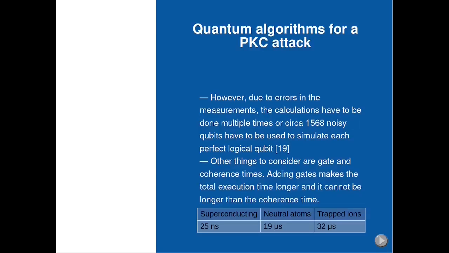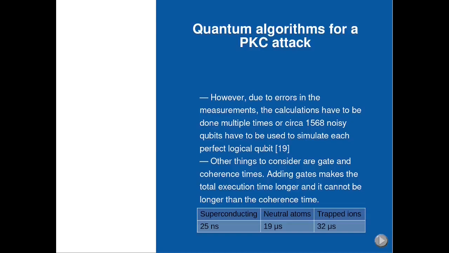So creating a quantum computer with enough qubits and gates would allow us to theoretically break RSA, but things are not this simple because there are errors in the measurement.